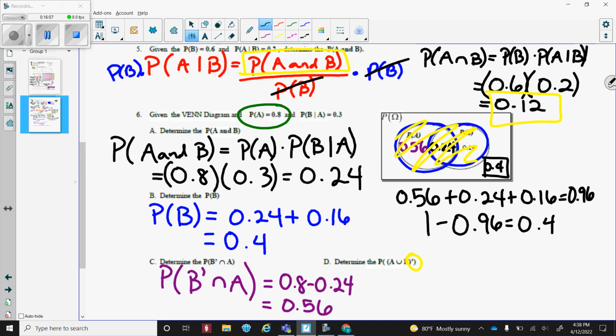Therefore, for question D, the probability of not A or B is not 0.4, but 0.04. Sorry for the mix-up. So 0.04. And so when we're given A union B, it's everything I circled in blue, but because it's not A union B, it's everything outside of that.